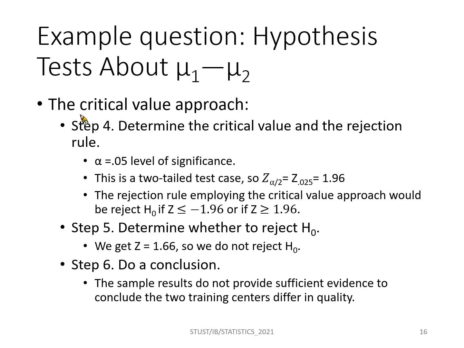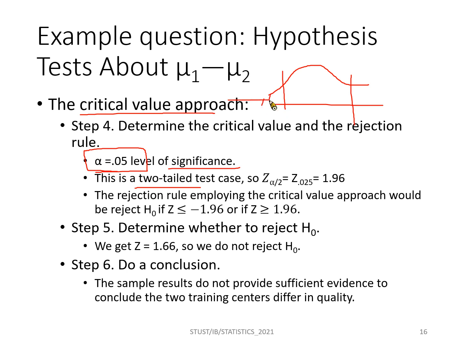Then you can also use the critical value approach. If you use alpha of 0.05, because it's a two-tailed case, for the z-value you have to divide alpha by 2, because the probability in the two tail parts together will equal alpha.